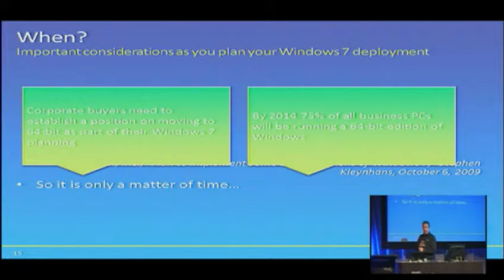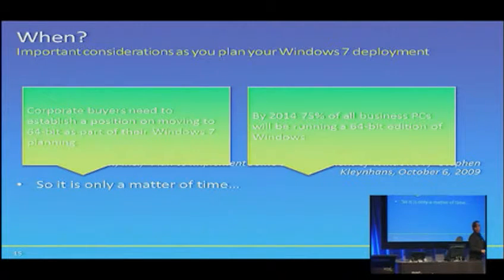They have basically stated that corporate buyers need to establish a position on moving to 64-bit as part of their Windows 7 planning. That's kind of the wishy-washy way of saying you should at least think about it. We're not quite telling you you must do it, but we expect 75% of enterprises to do it by 2014.